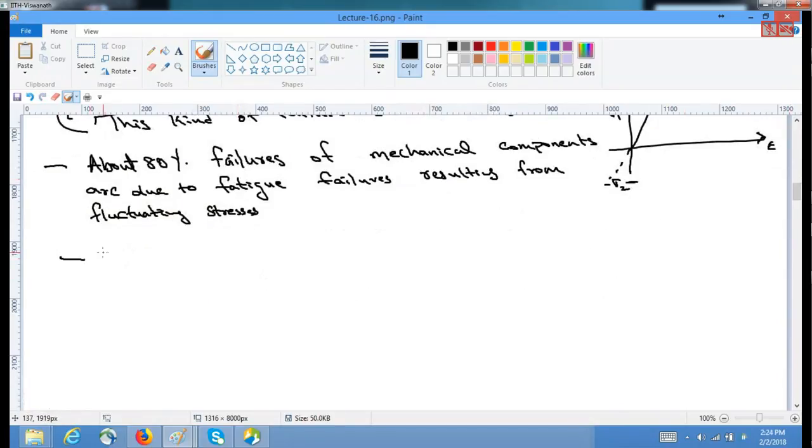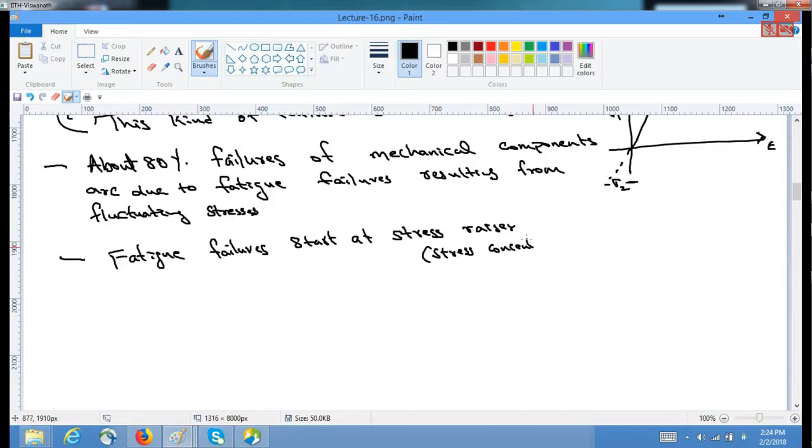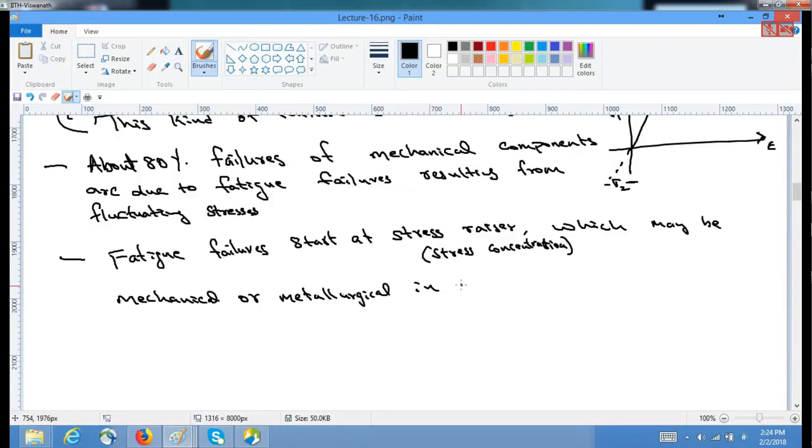So during fatigue, what happens is that fatigue failures start at raisers, or as we studied yesterday, at stress concentration locations, which may be either mechanical or metallurgical in nature.